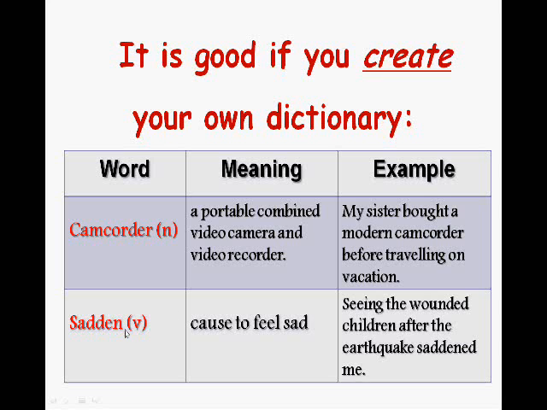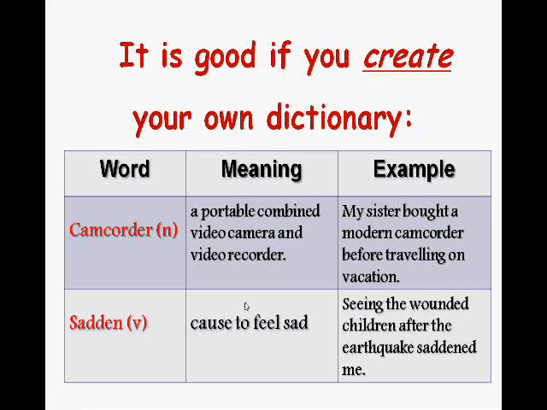Also, we have another word, which is sadden. And of course, sadden is a verb. Sure, if you just look at the first part of the word, you'll find that it is the adjective sad. And because it is a verb, then we add the end. And if you remember the lesson we did on parts of speech, so we just looked at this word, okay, sadden as a verb.